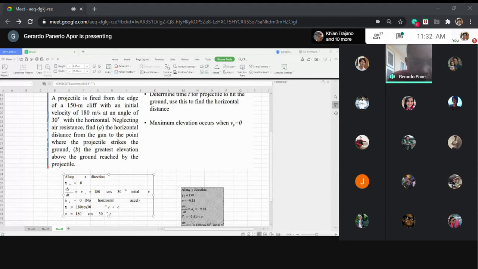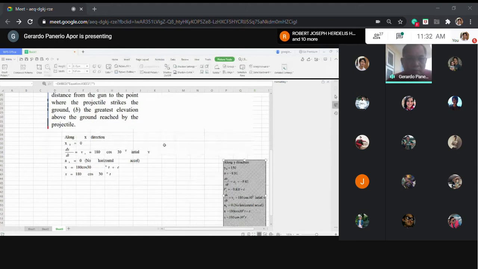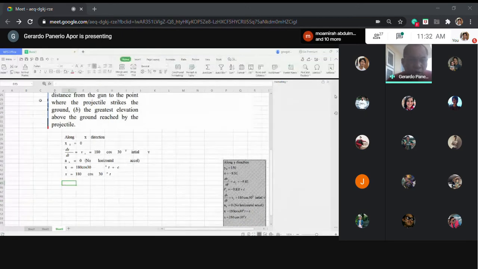So therefore, we have the equation y equals 150 plus 90t minus 4.905 t squared. So this is the equation that I can establish along y direction. So I will paste it.